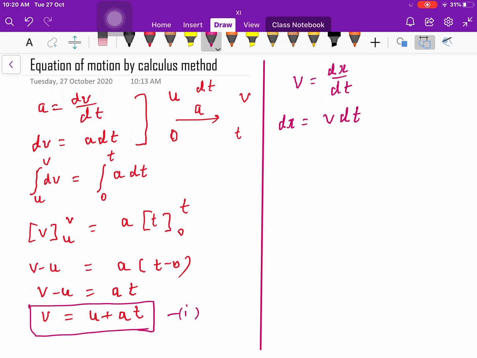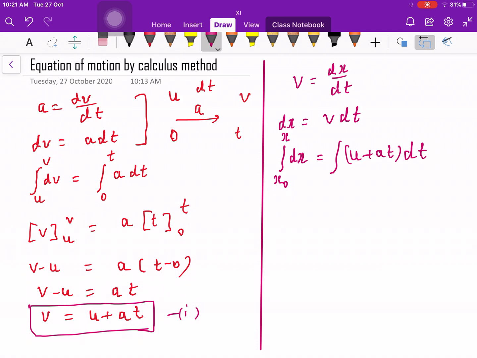Okay, now if we integrate it, it will be the integral of dx. Let us assume that the initial position is x0 and the final position is x. Likewise here again we are going to integrate v dt. But from the first equation we know that v can be written as u plus at, so we put in the value of v.